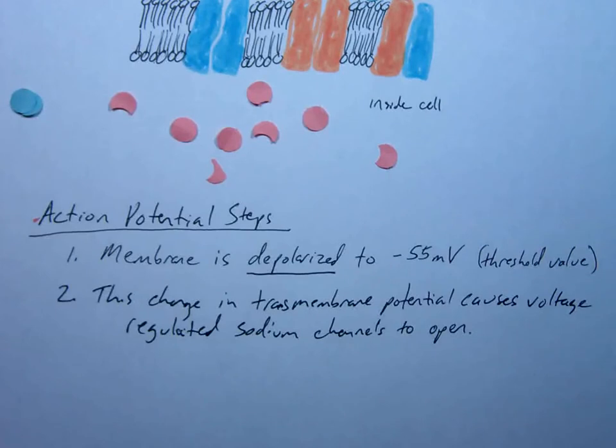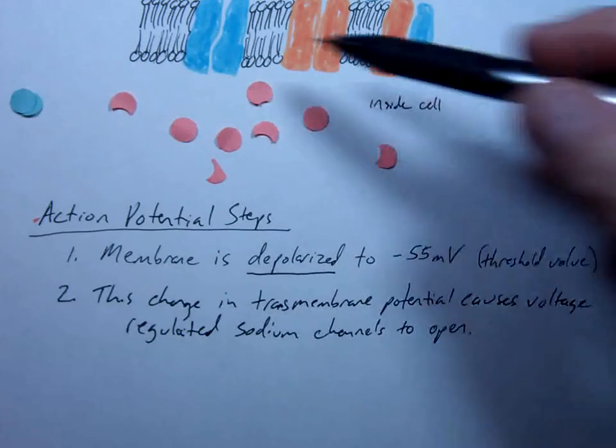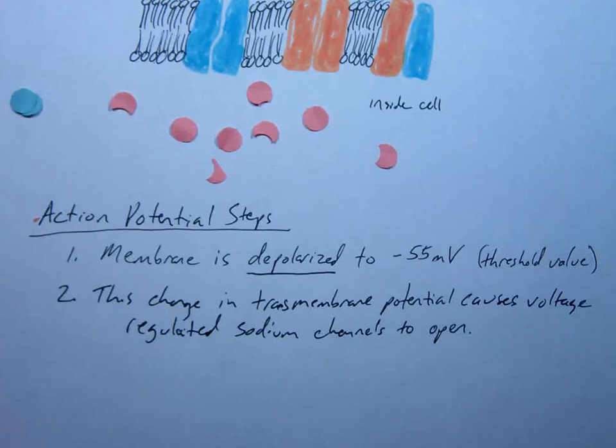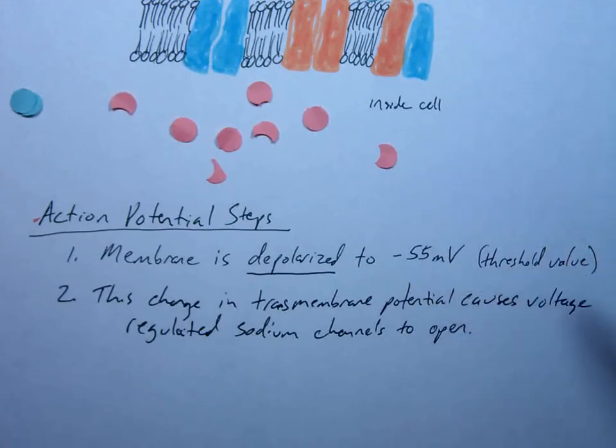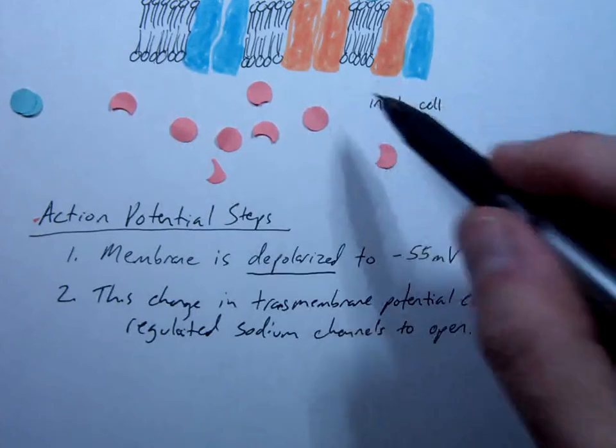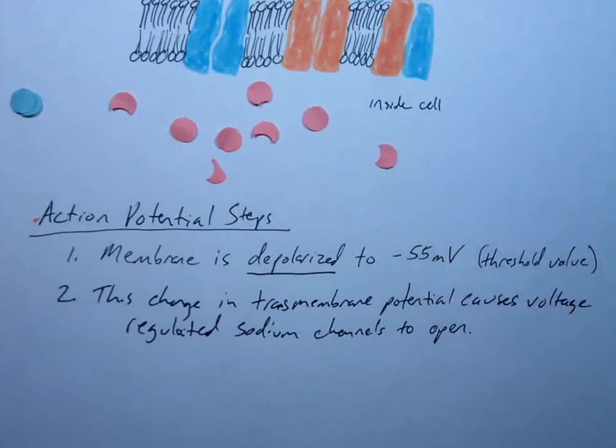The sodium channels, all these things are closed here, okay? But something causes it to open, and what causes it to open is this change in voltage. That's why this voltage matters, because there's proteins in here that open and close and change their shape in response to changes in voltage. Okay?